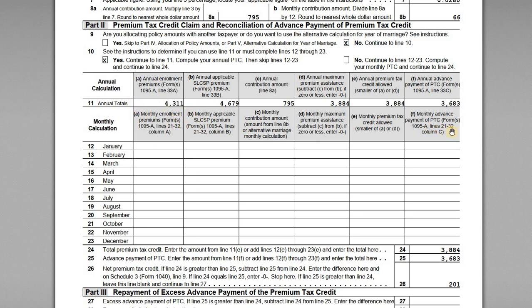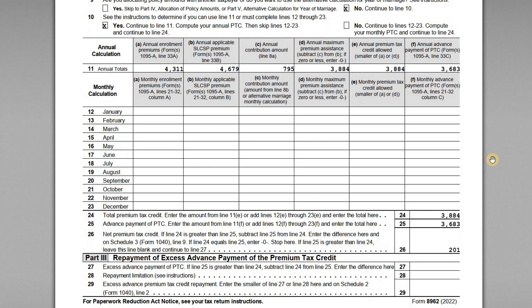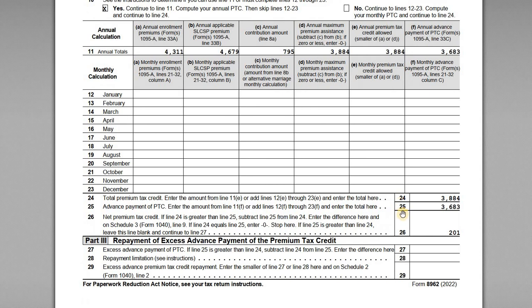Okay, so now that we've got all the columns populated, we move on down here to lines 24, 25, and 26. So 24 is asking us for the total premium tax credit: enter the amount from line 11E, or add the amounts from line 12E through 23E and enter the total here.